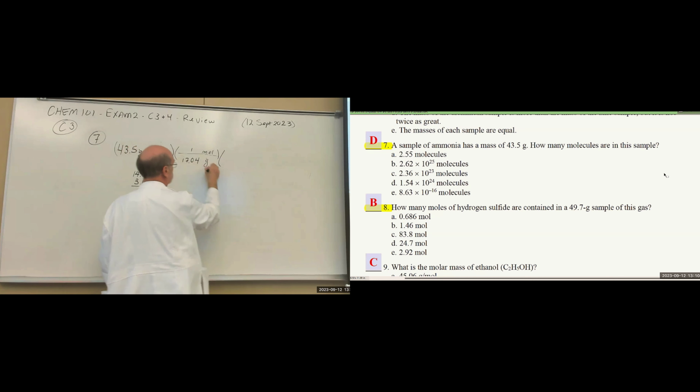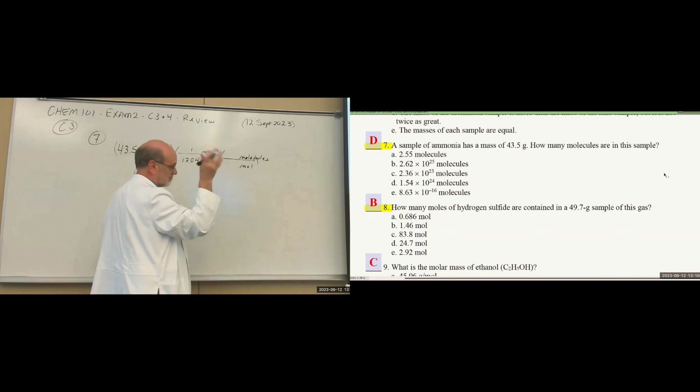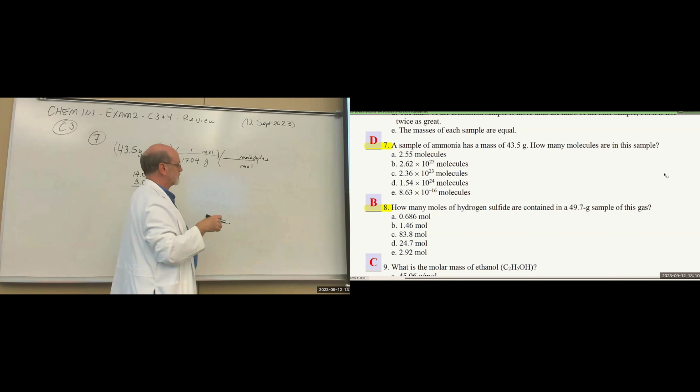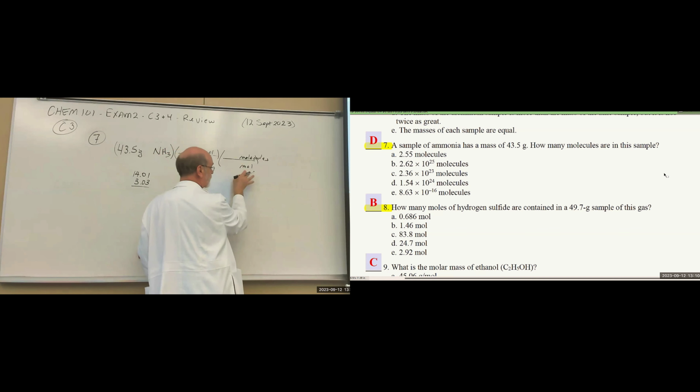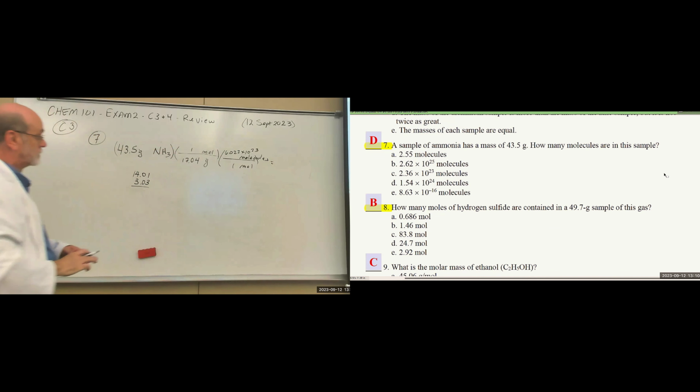So we've got to the mole part. They want molecules. How many molecules do we have? Remember, Avogadro's number is just so many of those things. It's how many things are in a mole. That should give us our answer.